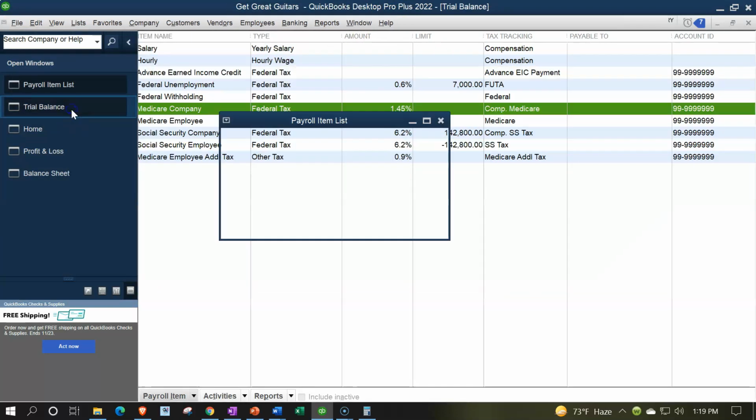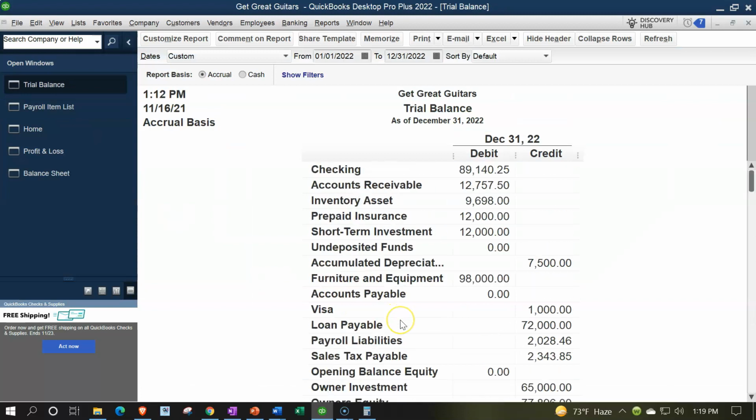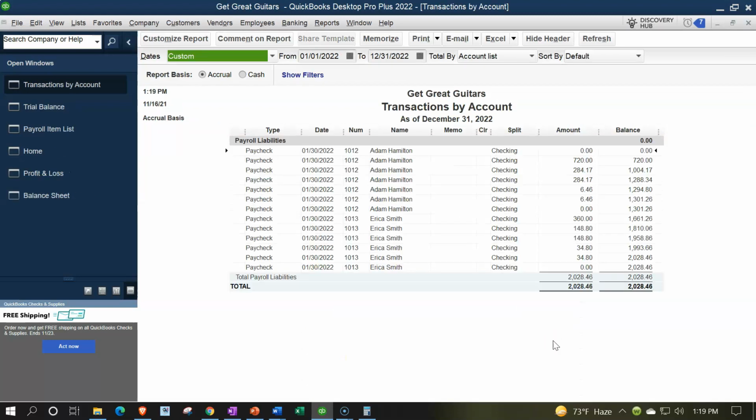Let's go back on over to the trial balance. So those are going to be those two. And then we've got the liabilities that are going to be set up for the payroll liabilities. Here they are. They just dumped them all into one category. We could break them out again by changing those payroll items.